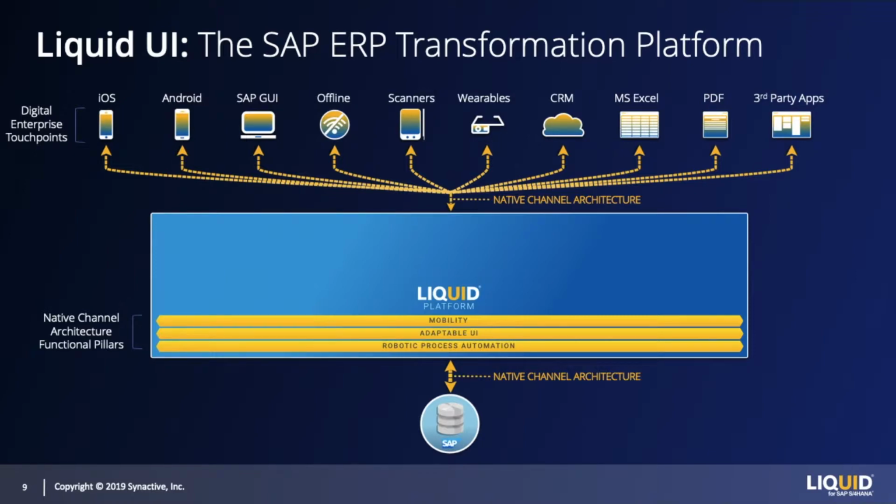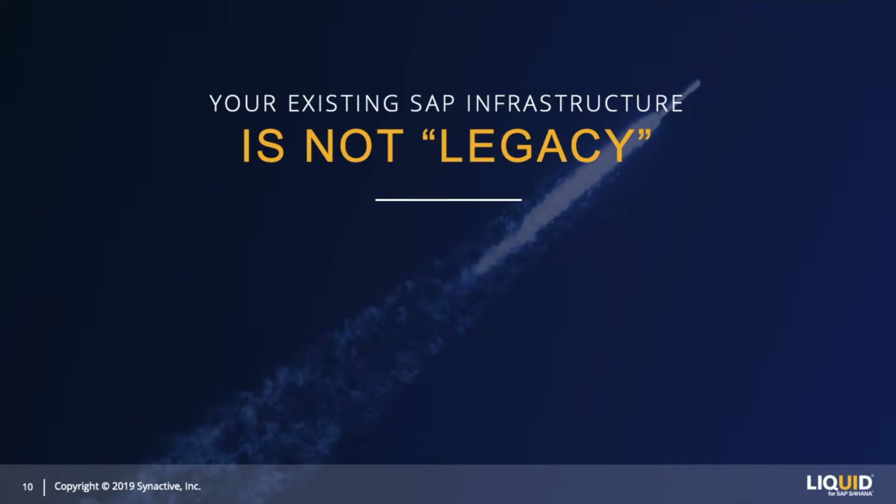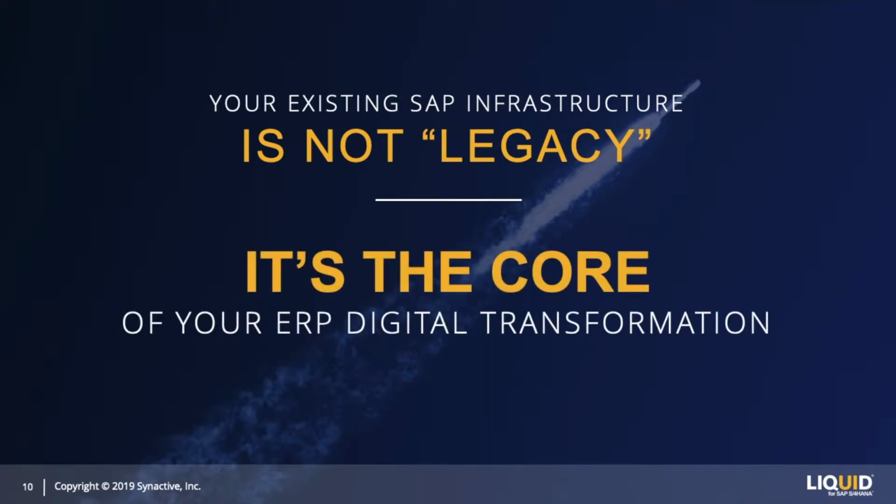The Liquid UI platform also integrates a host of powerful enterprise features to drive workforce productivity at each ERP touchpoint. All of this flexibility, adaptability, and security is easily and centrally managed using an industry-standard JavaScript object model. So in other words, your existing SAP infrastructure is not, quote, legacy, but it can be upcycled to support the very core of your ERP transformation.